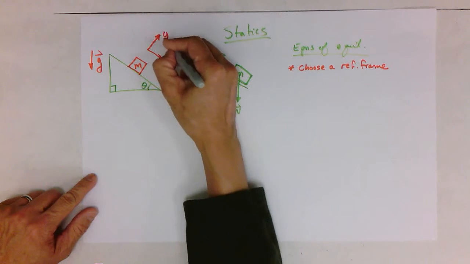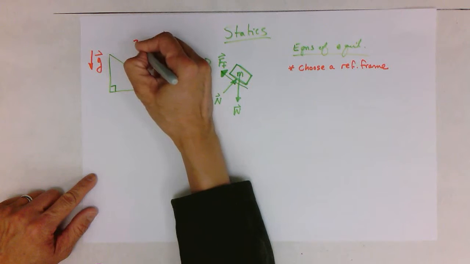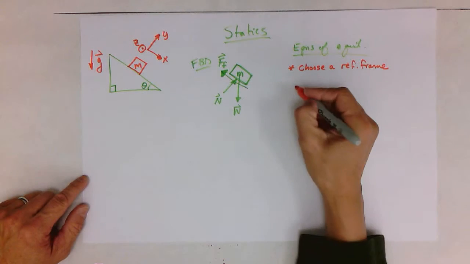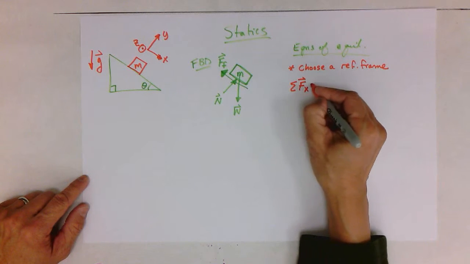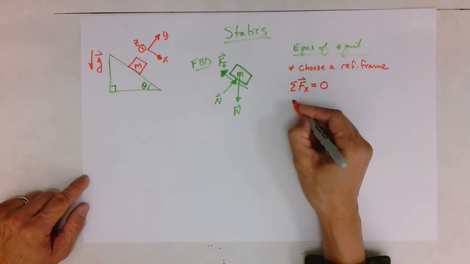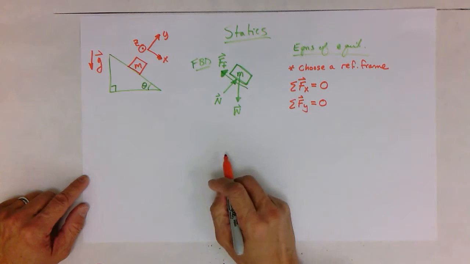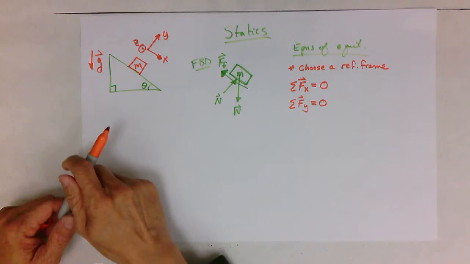This is planar, here's the x and y, so z is coming out of the page. If this is a planar problem, then we expect to see three equations of equilibrium. So two related to the force: the x forces is equal to 0, the y forces is equal to 0. There are no forces in the z direction.